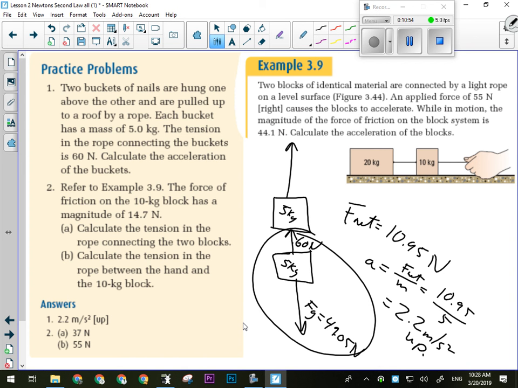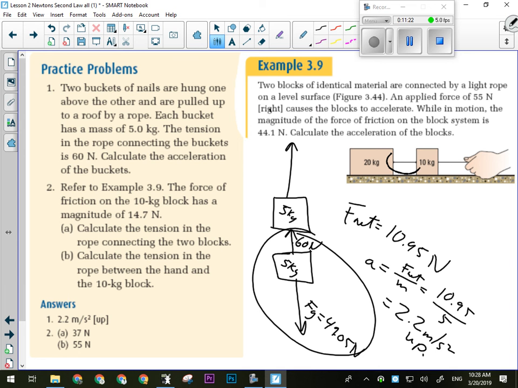Question number 2 is going to require you to do something similar. We already know the acceleration of this system, we already calculated that. But now we're being asked to calculate some individual forces within this system. They're telling us the force of friction on the 10 kilogram block is 14.7 newtons. Calculate the tension in the rope connecting the 2 blocks.